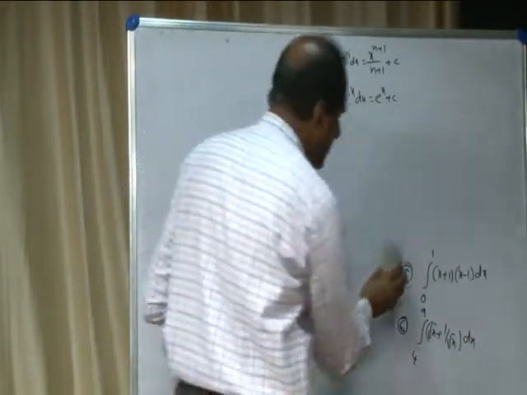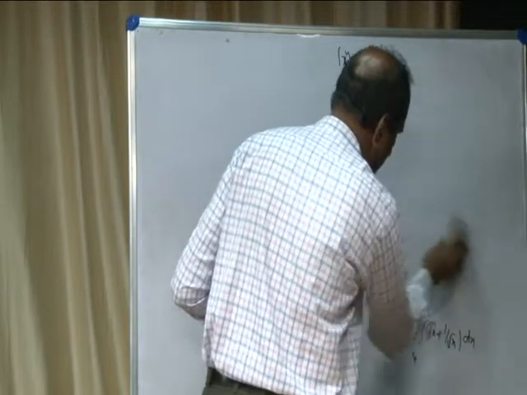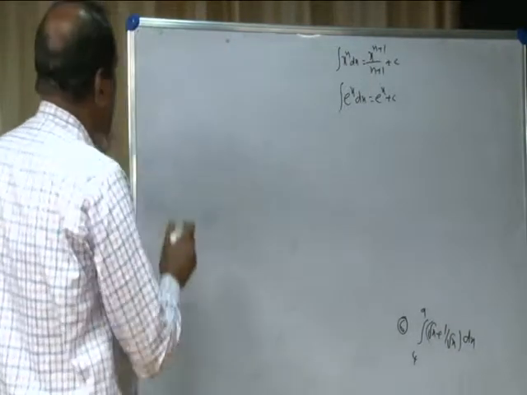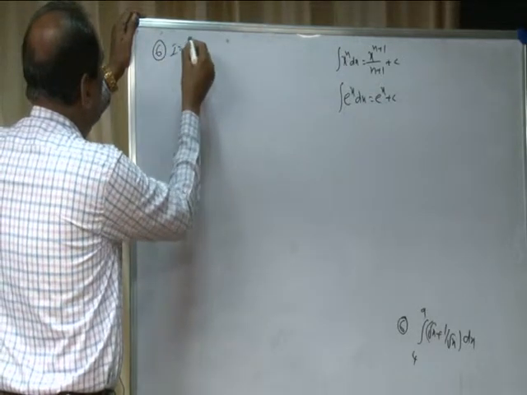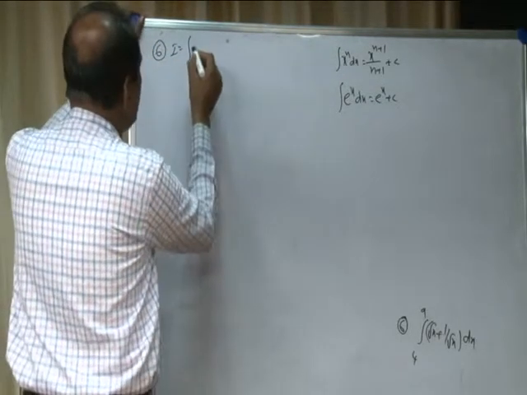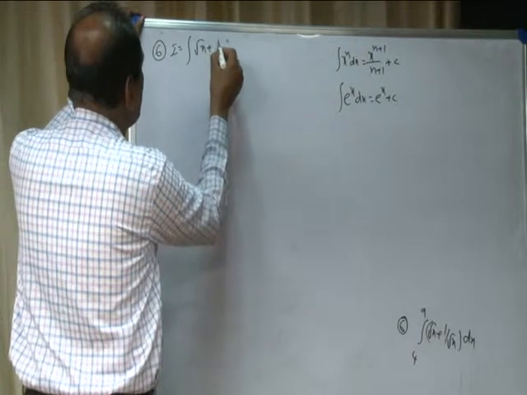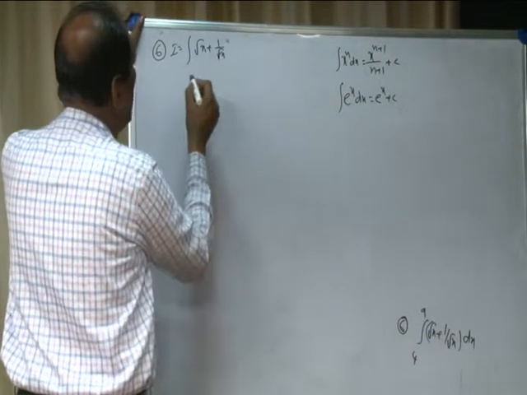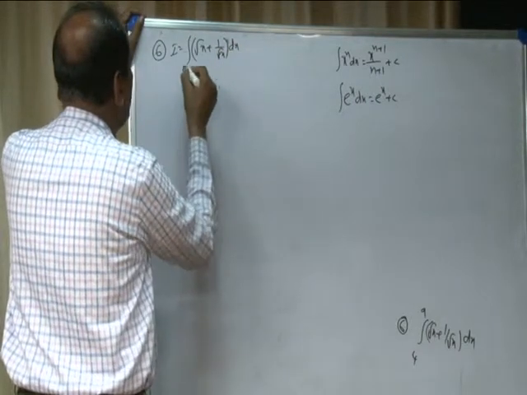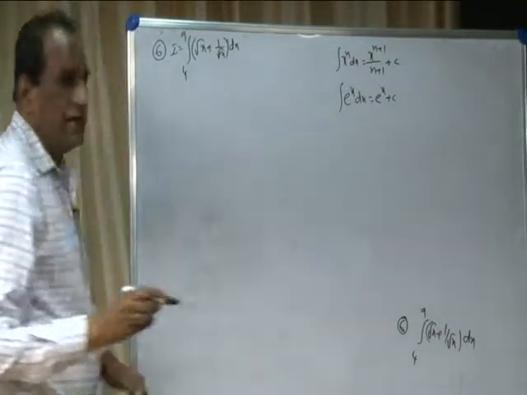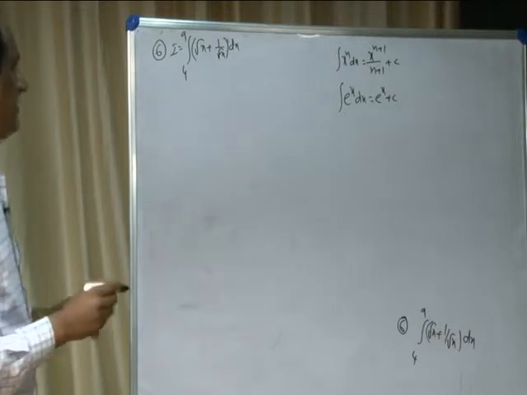Sixth problem: I is equal to the integral of (root x plus 1 by root x) dx, between the limits 4 and 9.